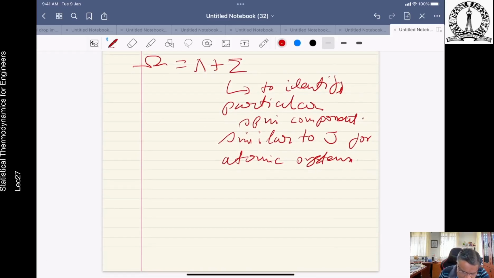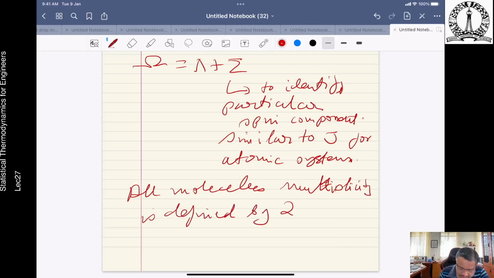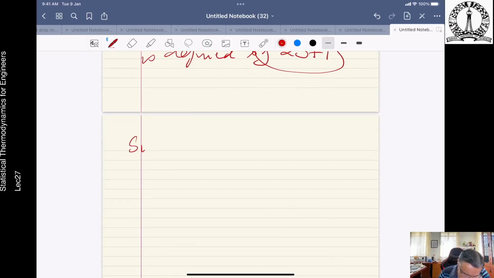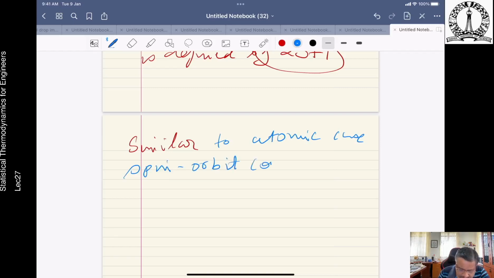For all molecules, multiplicity is defined by 2S plus 1, like in the atomic case, where spin orbit coupling is usually small enough.